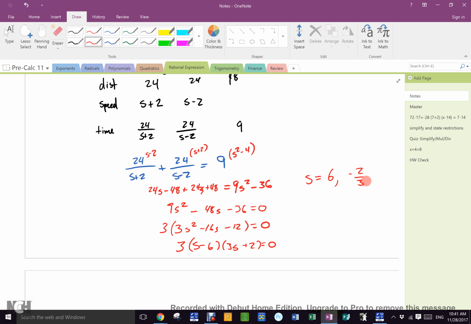So what's the one? What do I have to check now? Which one makes sense, right? S is Jamie's speed, correct? Is it possible to paddle at a negative speed? So is this a possible answer? No. So what's the speed he paddles at? That's checking for common sense.